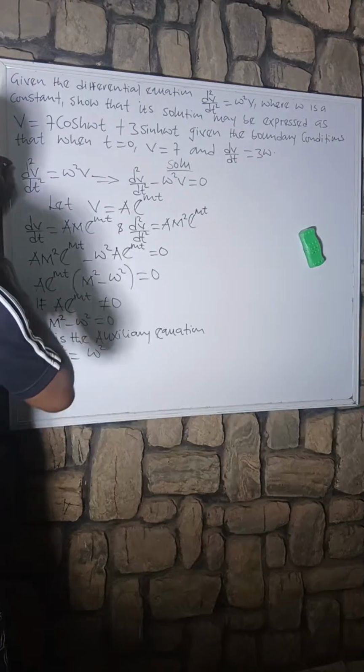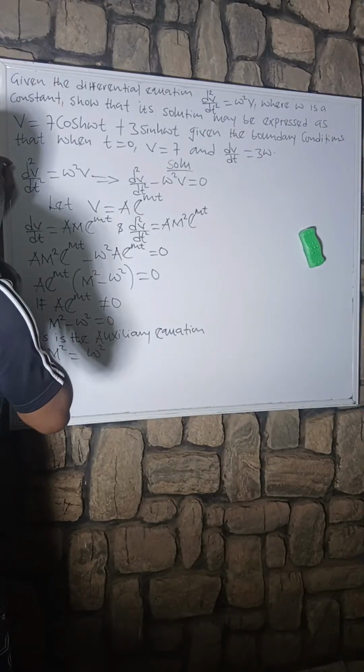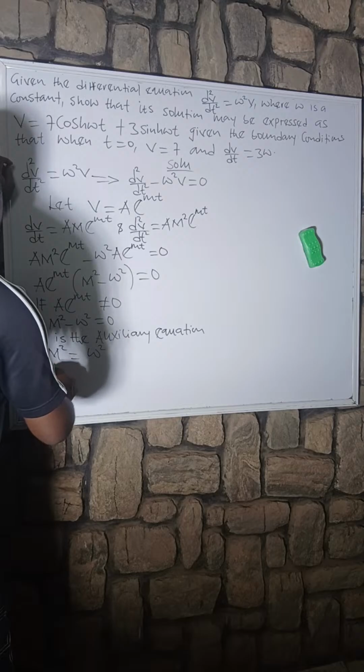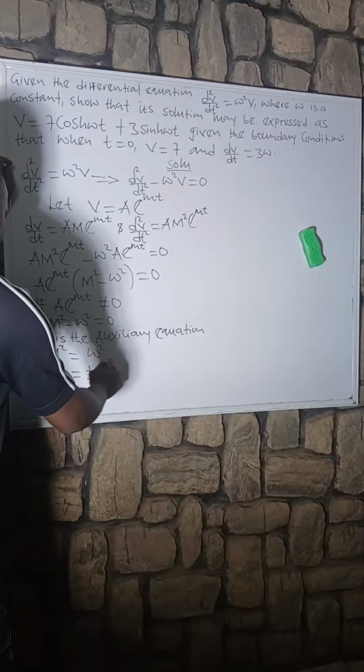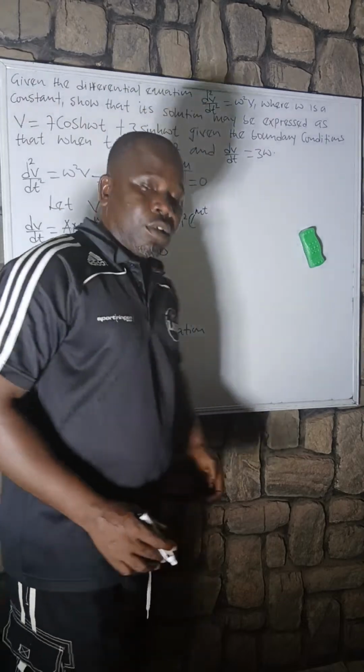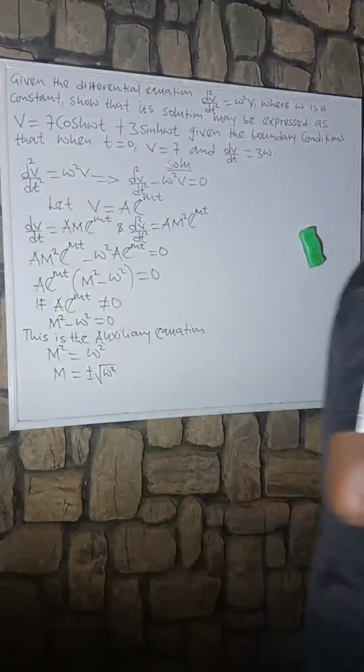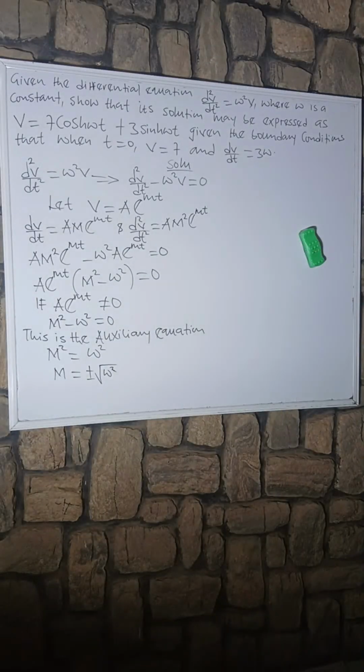So what we need to do here is take the square root of both sides. It means our m now will be plus or minus the square root of omega square, two of us, look at the board. True or false? Do you agree with me?